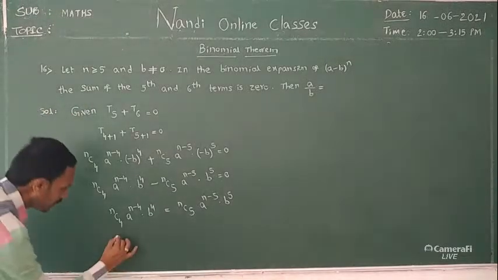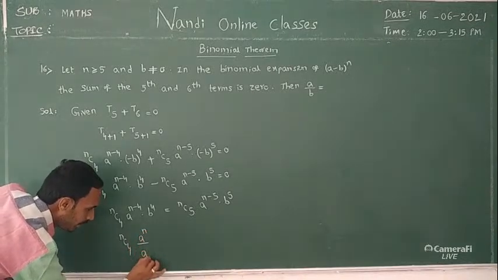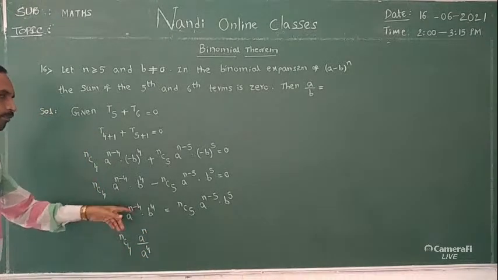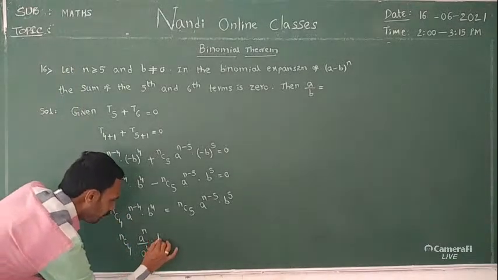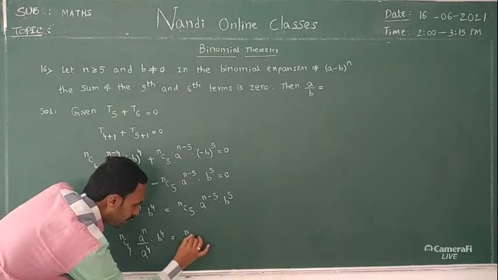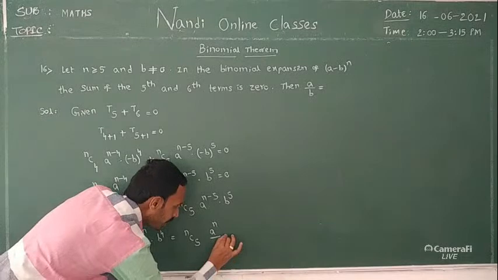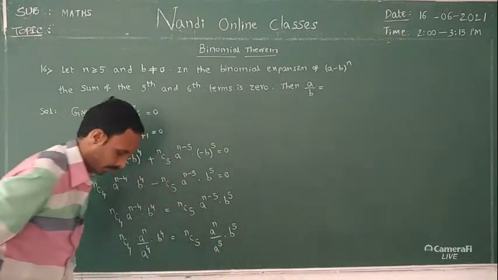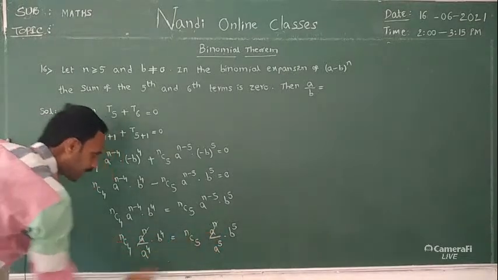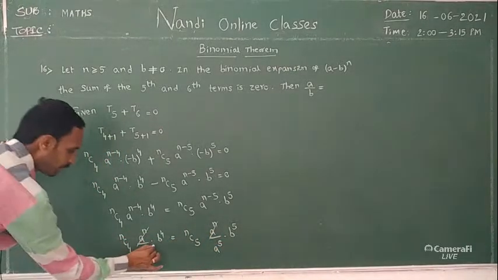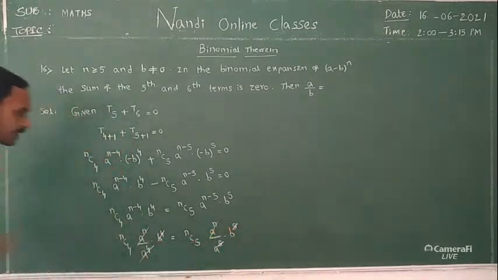Okay, a power n minus 4 can be written as a power n by a power 4. a power m minus n is a power m by a power n. a power n by a power 4 into b power 4 is equal to nC5 into a power n by a power 5 into b power 5. Okay, cancel it. Here a power n cancels, a power 4 cancels, b power 4 cancels.